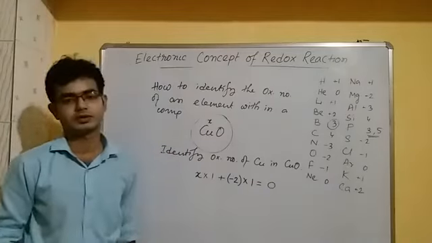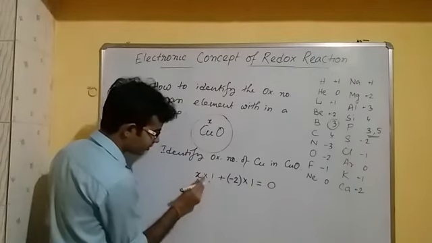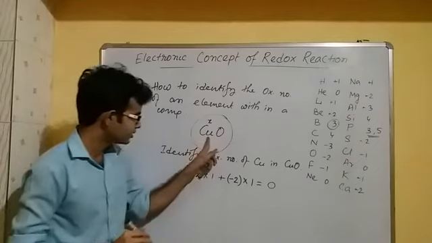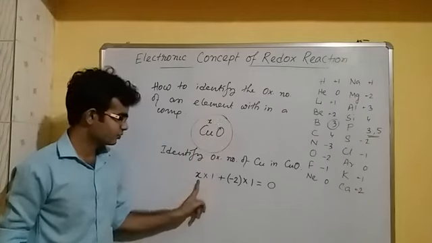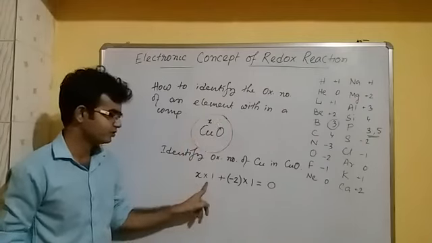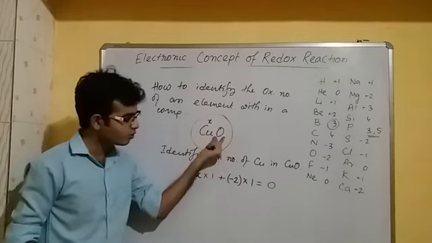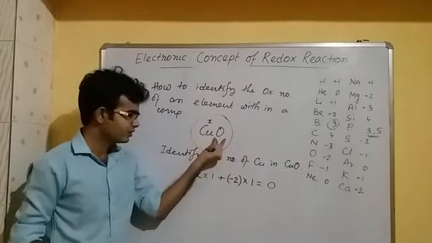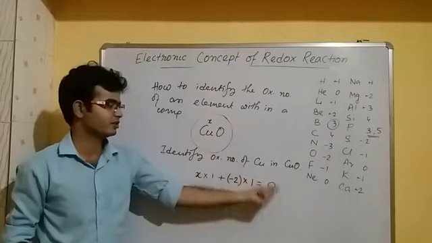Look at this: we assume the oxidation number of copper is X, so X into 1 plus the oxidation number of oxygen, that is -2, into 1 is equal to the overall charge, that is 0.